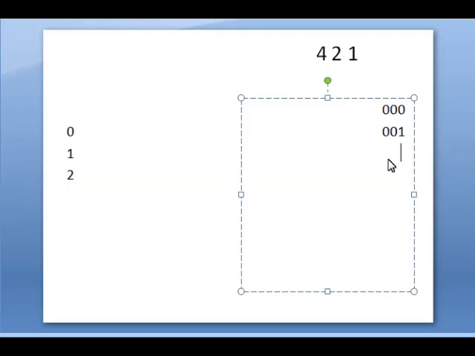So in the 1's place we are going to put 0. In the 2's place we are going to put 1. In the 4's place it is also 0. So this is the binary equivalent of the number 2.